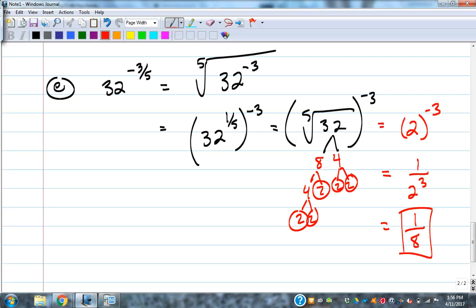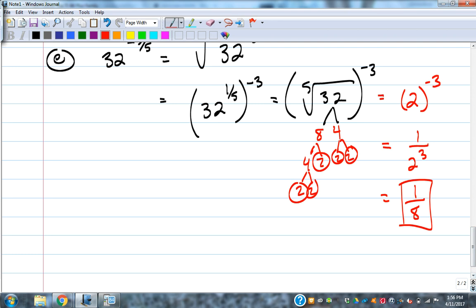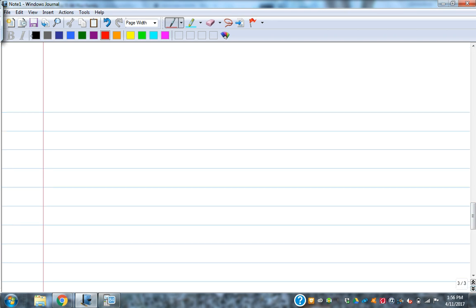So let's look at this one. 9 to the negative 3 halves. Maybe easier on this one. I've got a negative exponent and I want to try to do this without a calculator first.